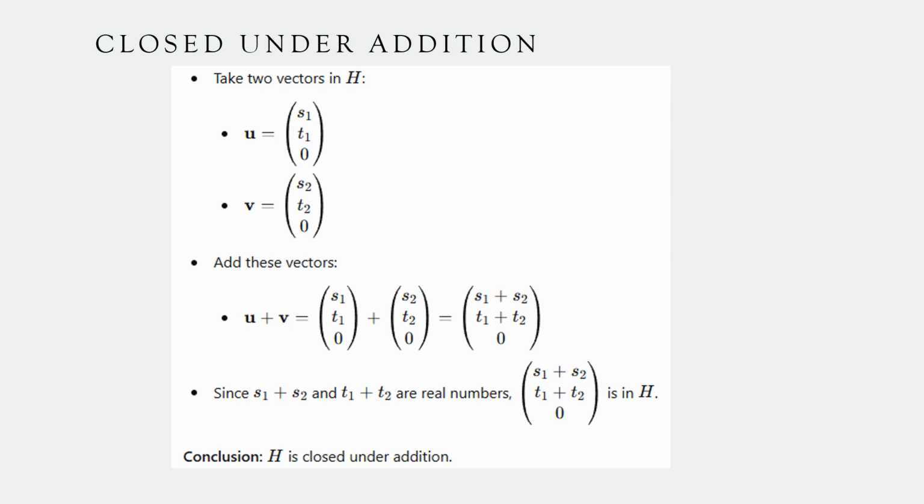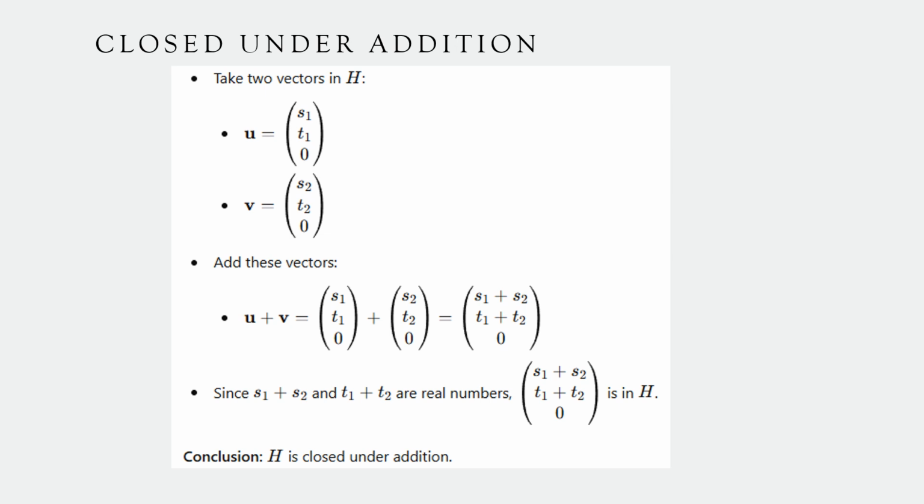Next step, we need to see if it is closed under addition. So we take two vectors in H. We'll call them U and V. U is going to hold S subscript 1, T subscript 1, and 0, whereas V is going to hold S subscript 2, T subscript 2, and 0.